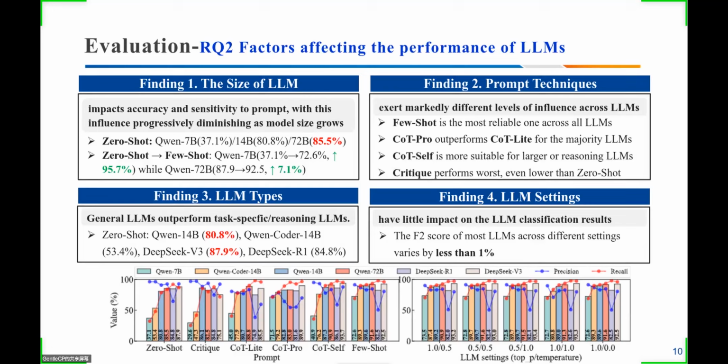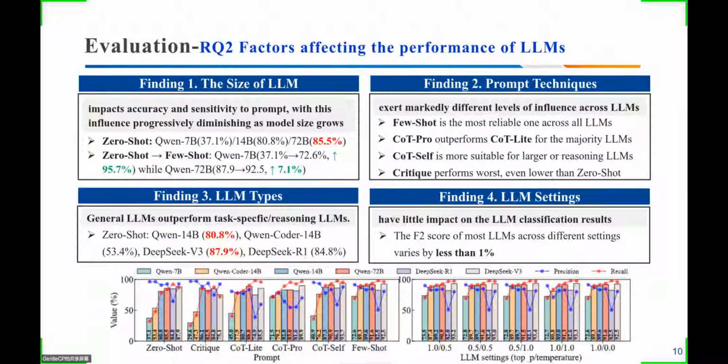For example, few-shot is the most reliable across all models. COT Pro generally outperforms COT Lite. COT Self works better for large or reasoning-oriented models, and the critical often underperforms, even below zero-shot learning.